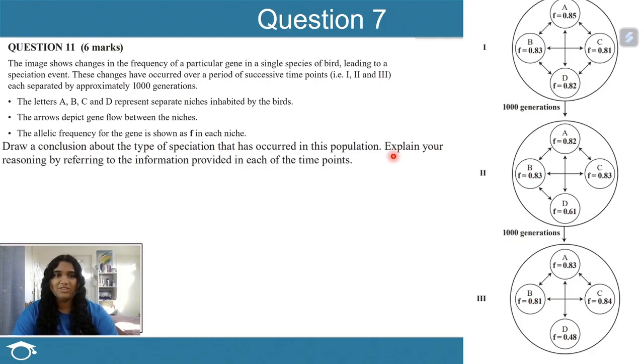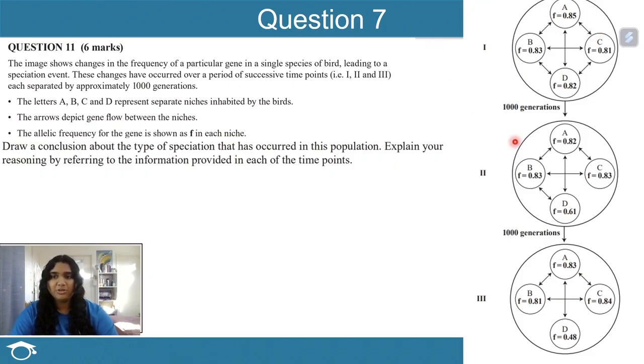What you basically want to identify first is what is happening to the gene flow across all of the time points. So at time point 1, if you look at all of these arrows indicating gene flow, there is gene flow happening between every single one of these niches, and the allele frequencies are kind of constant. So it's staying at about 0.8 to 0.85.